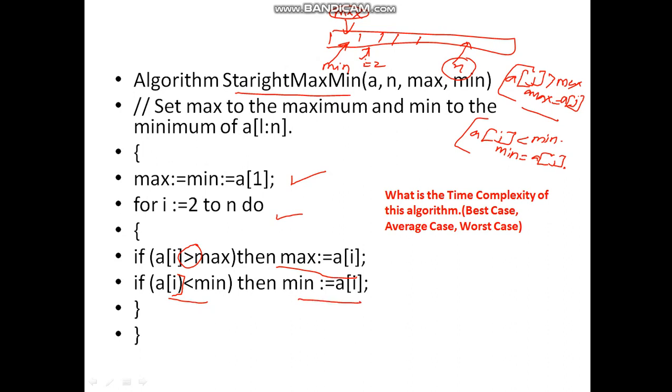At the end, whichever function or program is calling this function, over there you can print the values of max and min, or otherwise here you can print what is max and what is min. That can also be done over here. So this is how we find the maximum and minimum in the straightforward way.